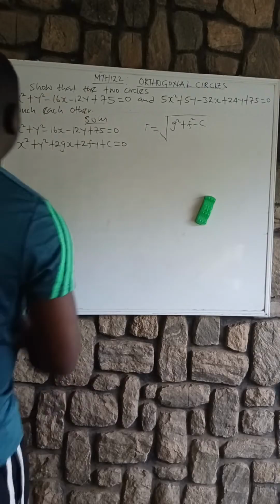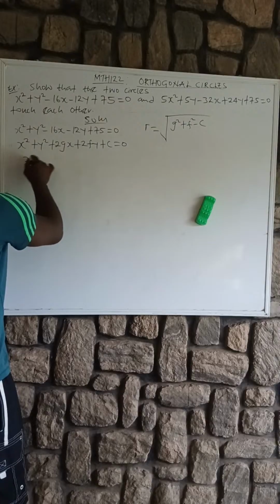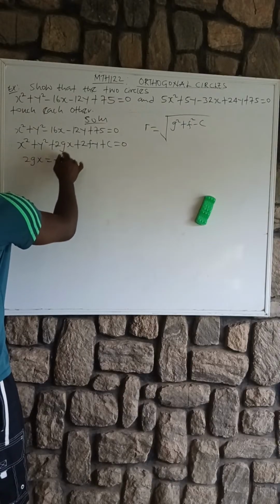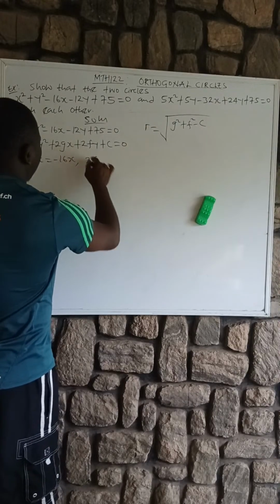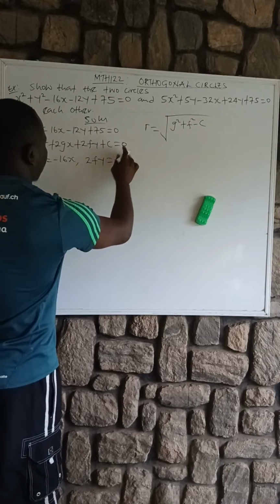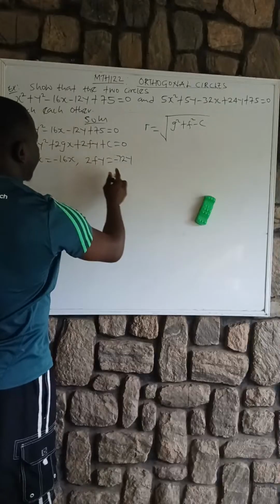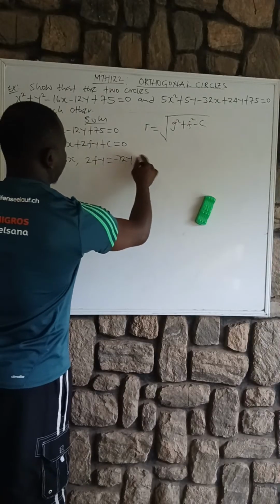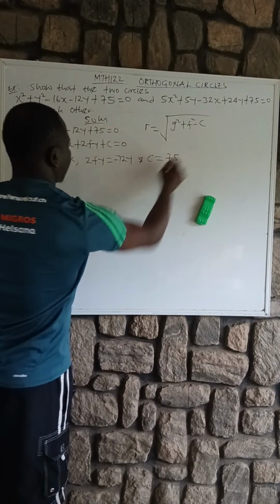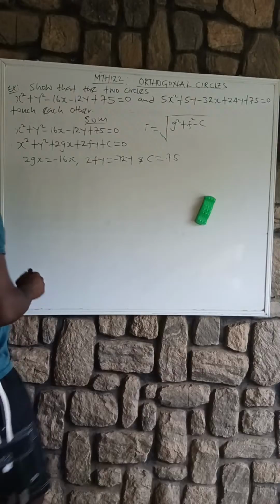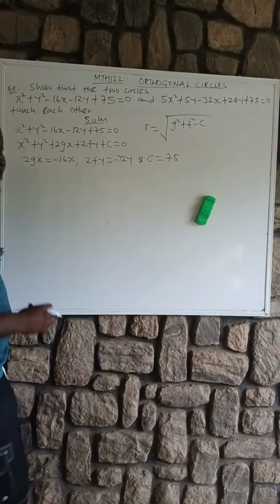So here, if we compare, we have 2gx equals minus 16x, and 2fy equals minus 12y, right? Then here c, and c is equals to 75. Since c is 75, let's obtain our g.